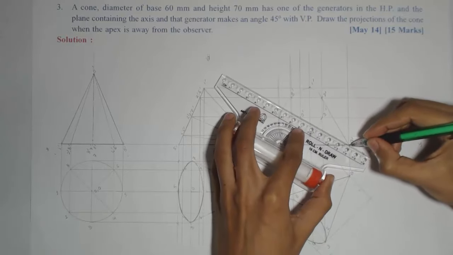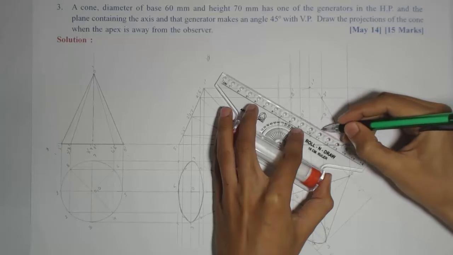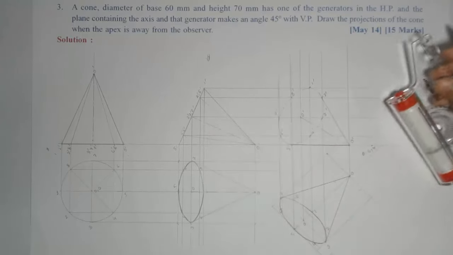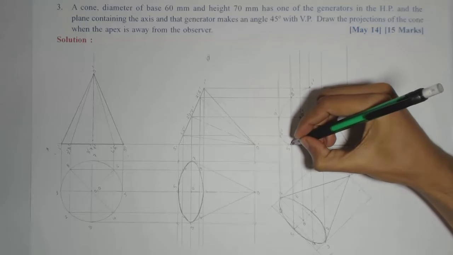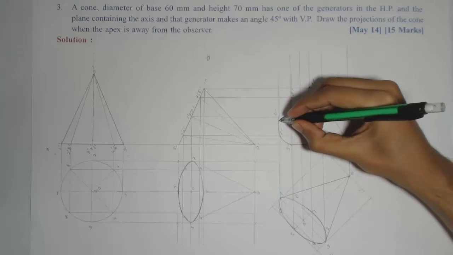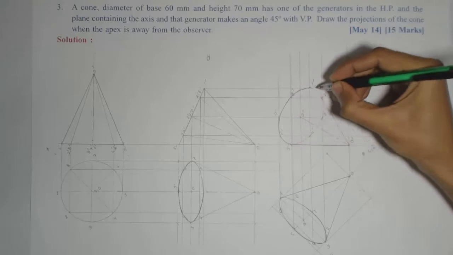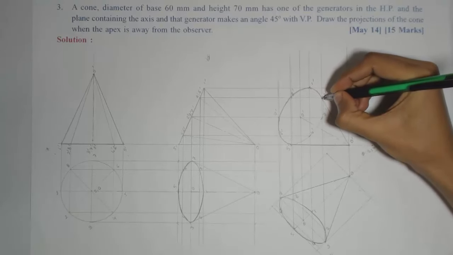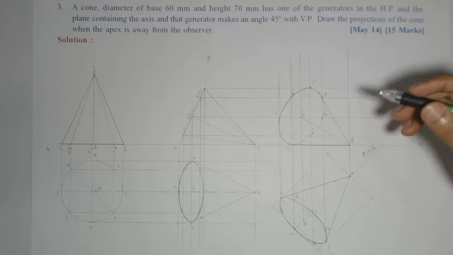Then we'll also show the axis, then we'll decide the visibility of the ellipse. Now first the part on the boundary, starting from this point, is dark up to this point. Now we need to check for 5, 4, 3, 2.